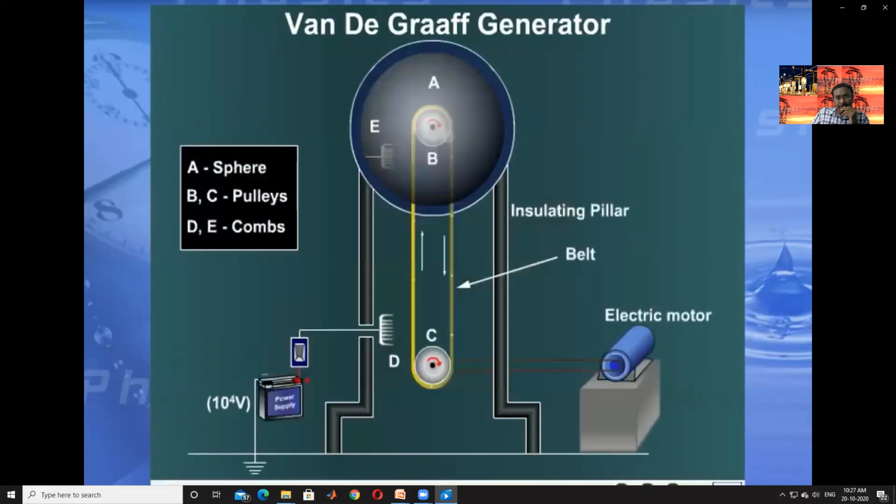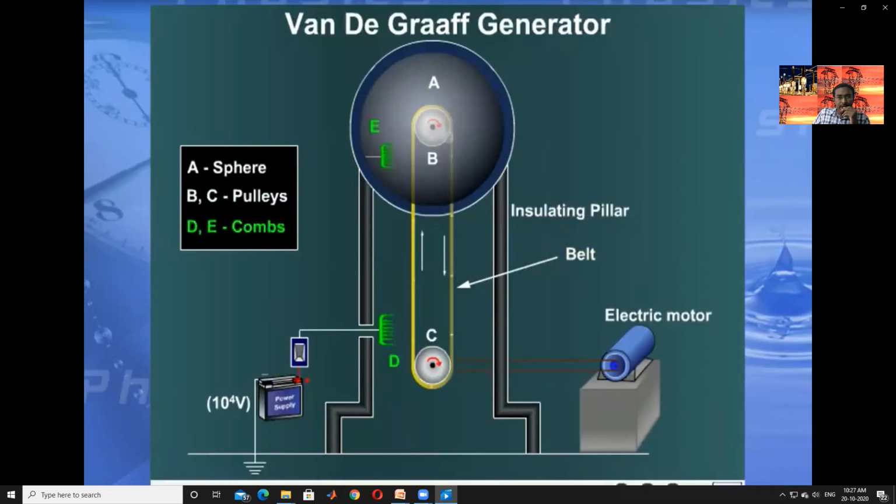Description of the parts: a Van de Graaff generator consists of a hollow metallic sphere A. The sphere is mounted on an insulated pillar. B and C are two fixed pulleys. A belt made of silk moves over the two pulleys B and C.